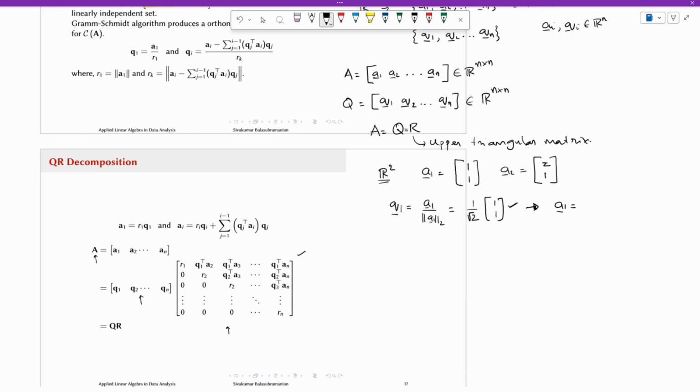Well, you simply multiply by root 2, or in general, this is root 2 in this particular case, but in general, what will this be? Sorry, the norm of that vector. Let me call that R1. Okay.